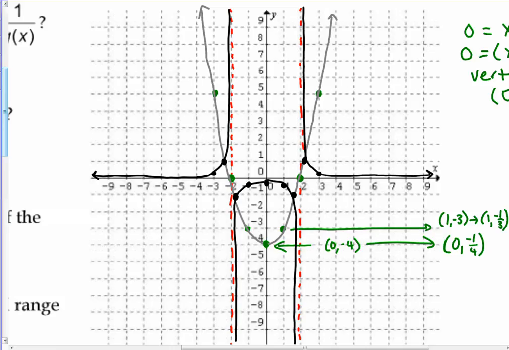Where the graph is really close to 0, the reciprocal is close to infinity. Whereas where our graph was close to 0, the reciprocal is close to, in this case, negative infinity. Okay, do you get the idea? Little bit.